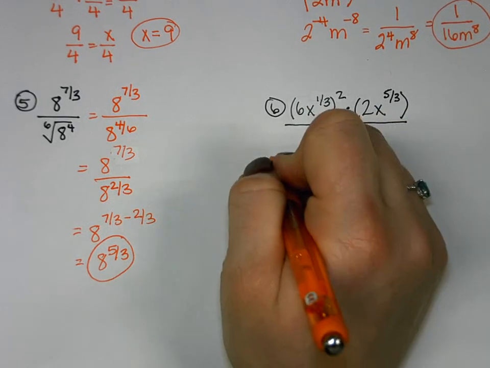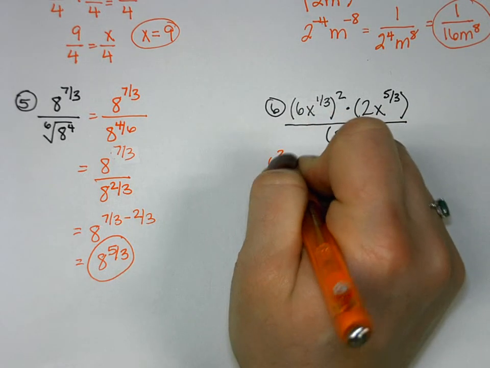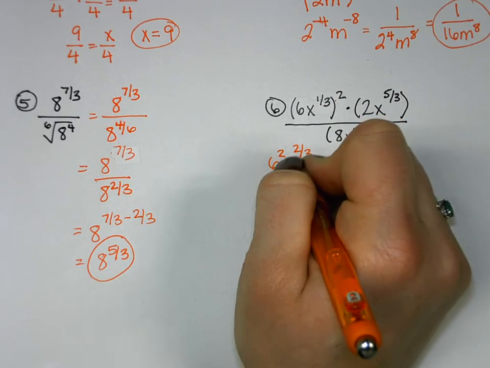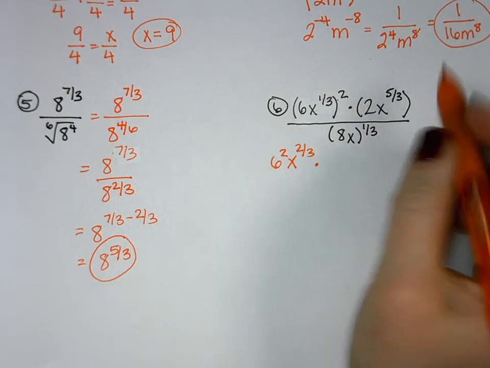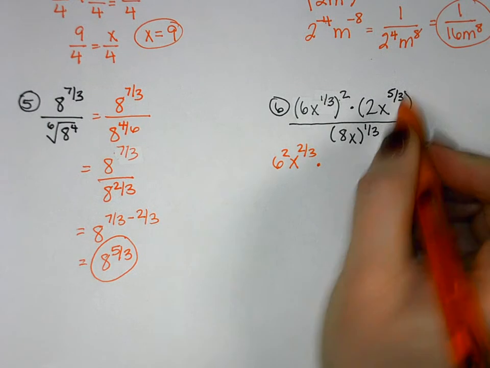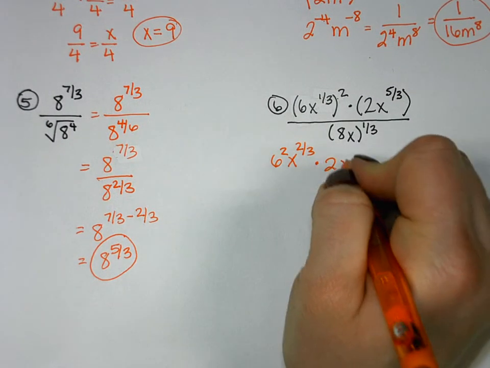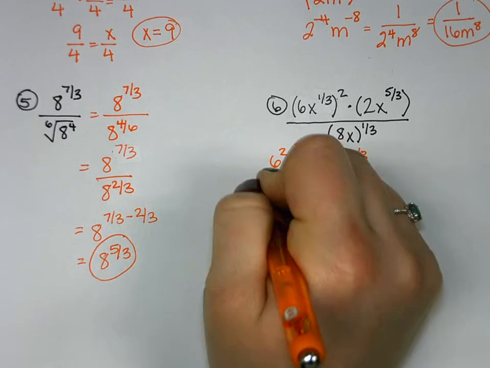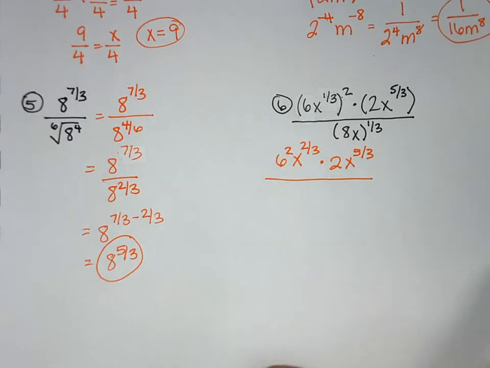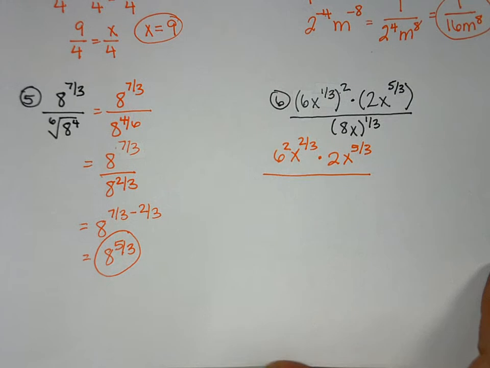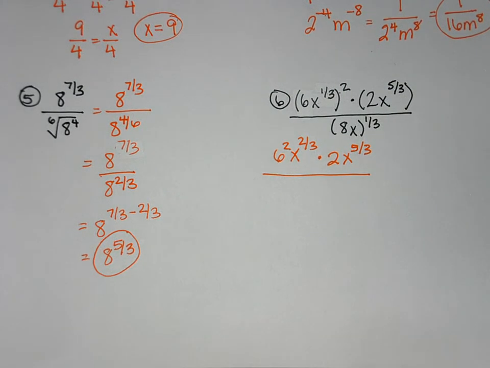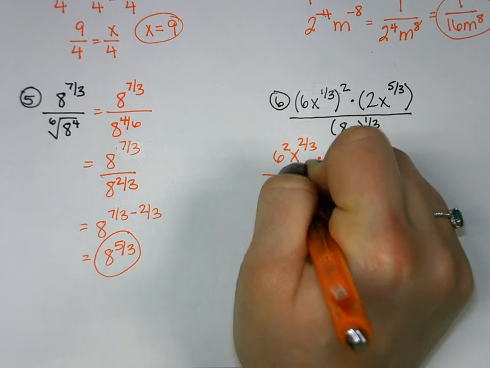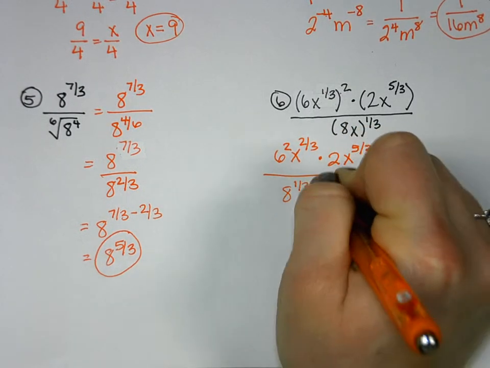So we'll have 6 squared, and here we have a power to a power, so that's 2/3. And then over here we don't have any exponents on the outside, so I'm just going to drop the parentheses and do 2 times x to the 5/3. On the bottom, I'm going to go 8 to the 1/3 times x to the 1/3.